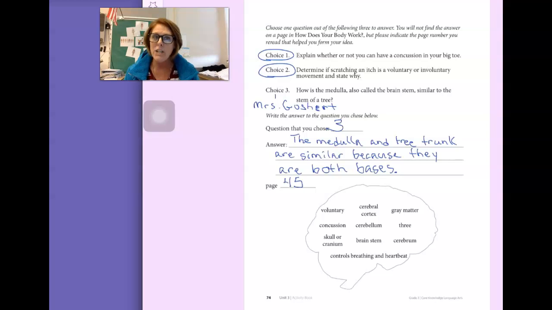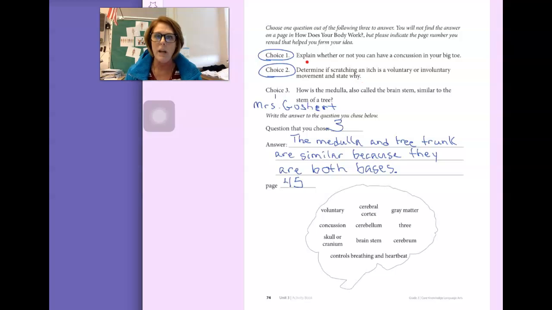So you may not do choice number 3. You may do choice number 1, which says, explain whether or not you can have a concussion in your big toe. And number 2 says, decide if scratching an itch is a voluntary or involuntary movement and state why.